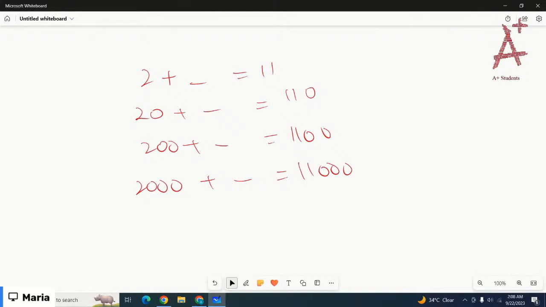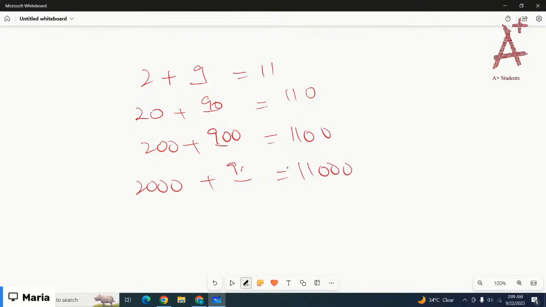2 plus what number makes 11? 2 plus 9 makes 11. 20 plus 90 makes 110. 200 plus 900 makes 1100.